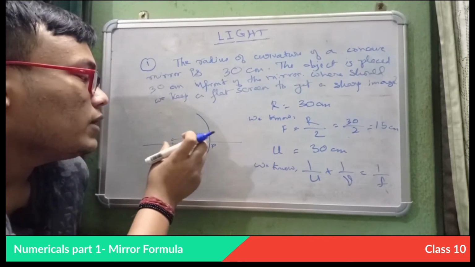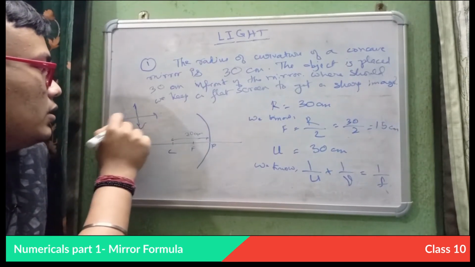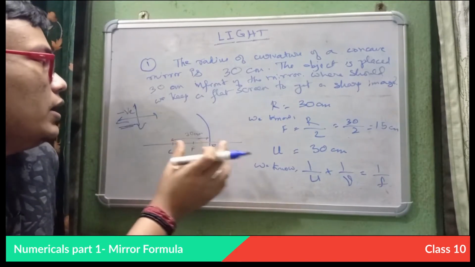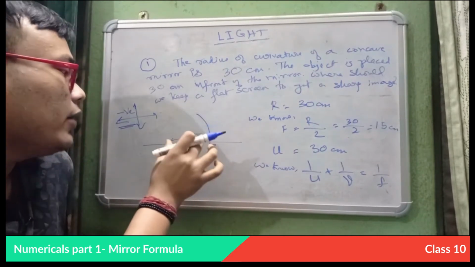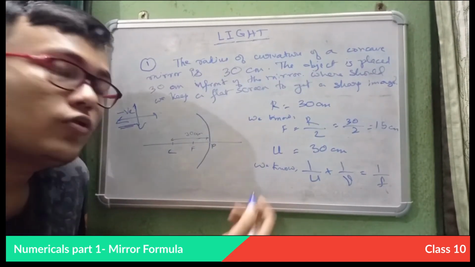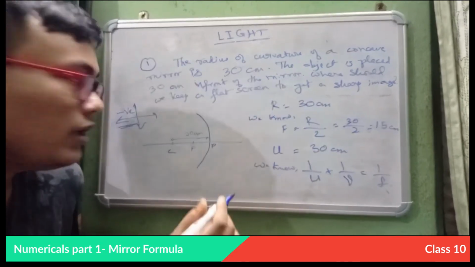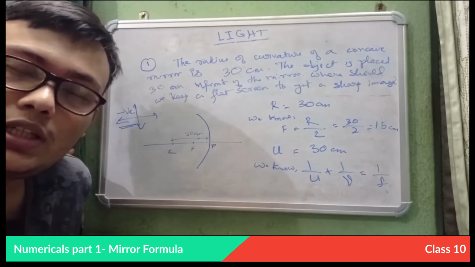If we consider the Cartesian system, the distance lies in the negative x axis. From the sign convention which I discussed a few minutes back, distances which lie in the negative x axis we will consider as negative.